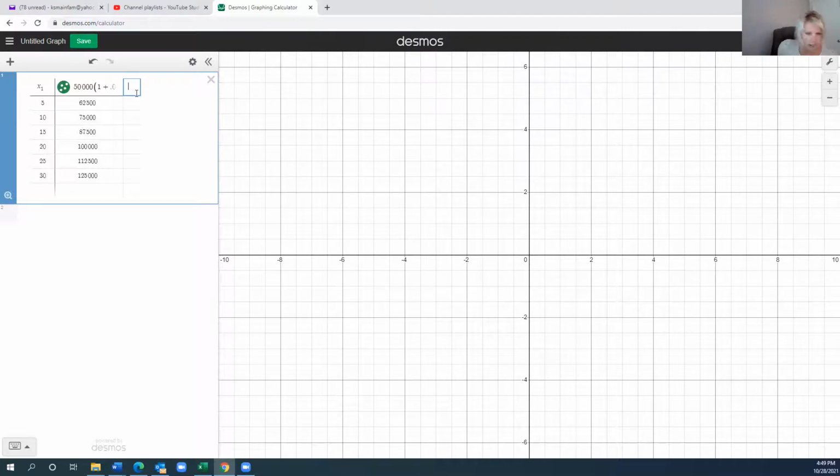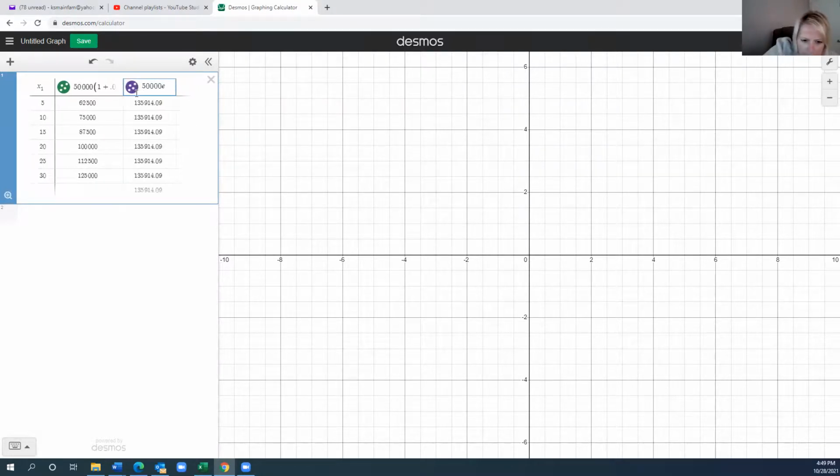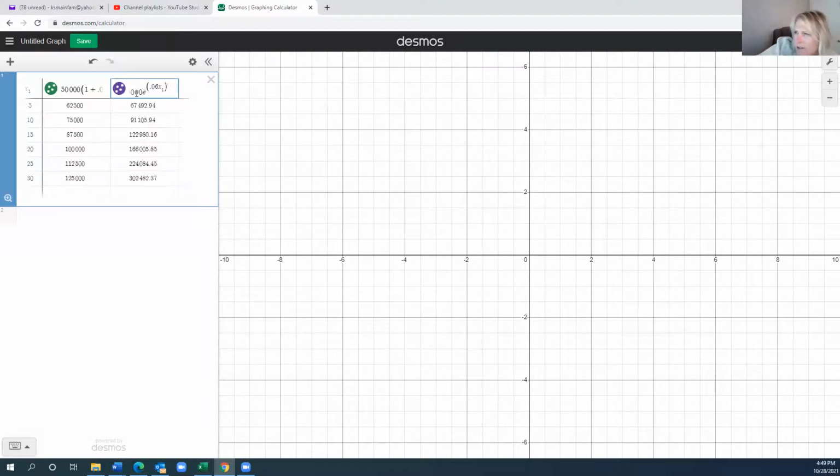And then in the other column, we're going to type the other calculation. And then it's going to be, oops, to the exponent in parentheses, 0.06 X1 parentheses.